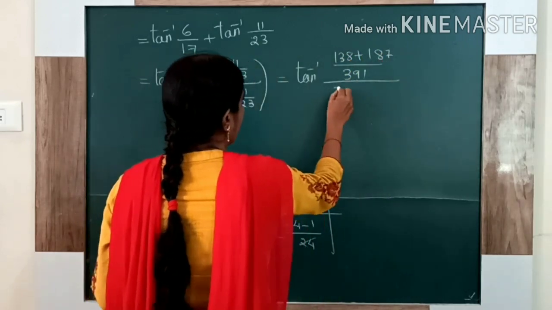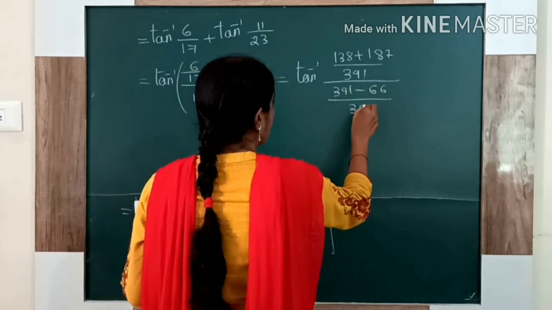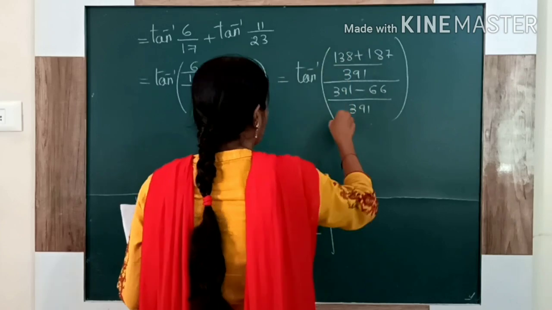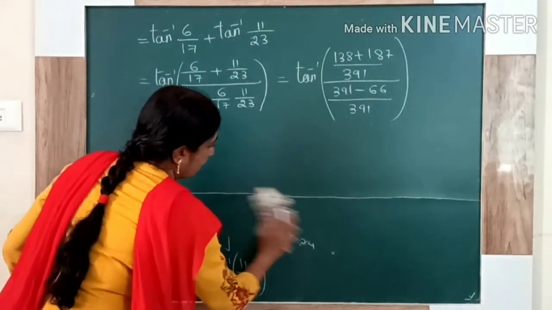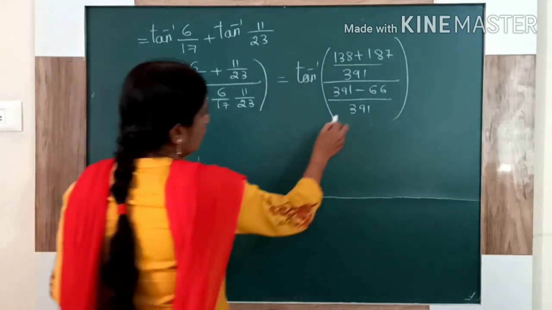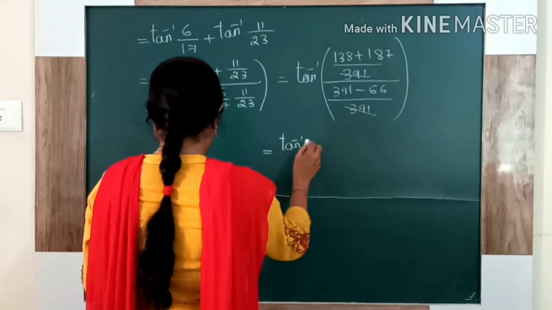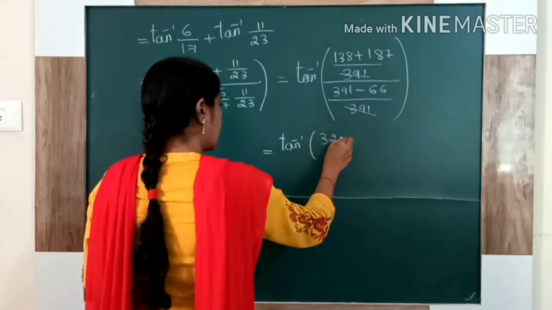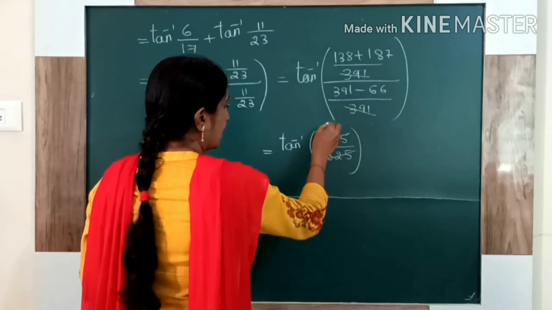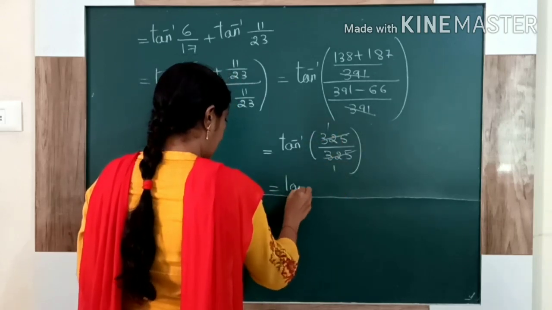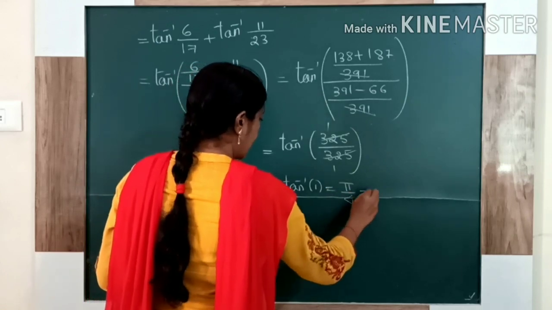Similarly, take the LCM for this also. Here these two get cancelled. Tan inverse of, see, they get cancelled. So we are getting tan inverse of 1. Tan inverse of 1 is pi by 4.